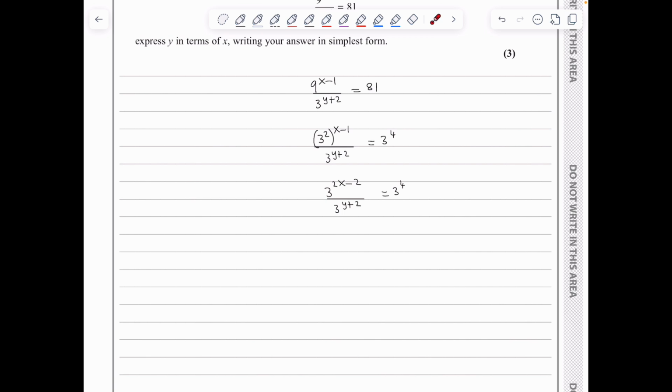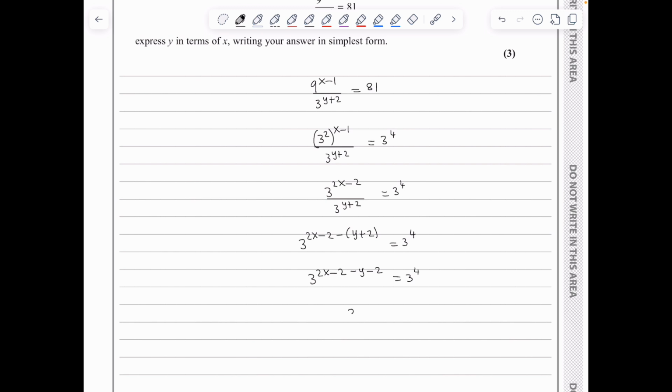And then when I divide with a common base, I subtract the indices. So we're looking at 3 to the 2x minus 2 minus brackets y plus 2 is equal to 3 to the power of 4. I can simplify the exponents now. So it's 3 to the 2x minus 2 minus y minus 2 is equal to 3 to the power of 4.